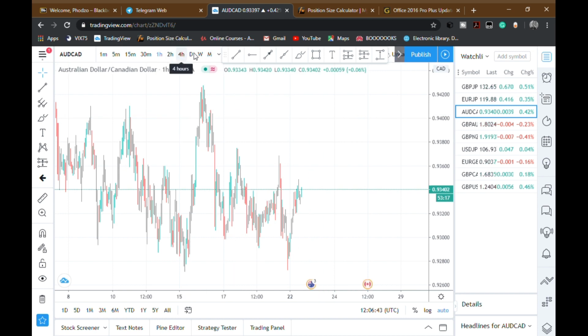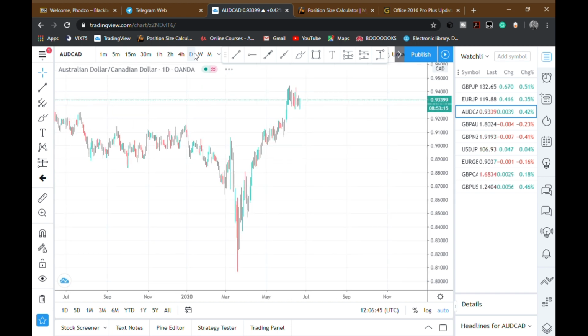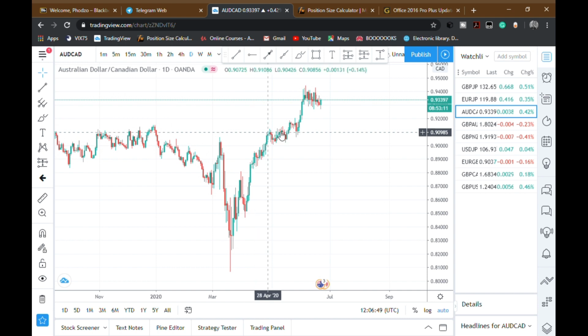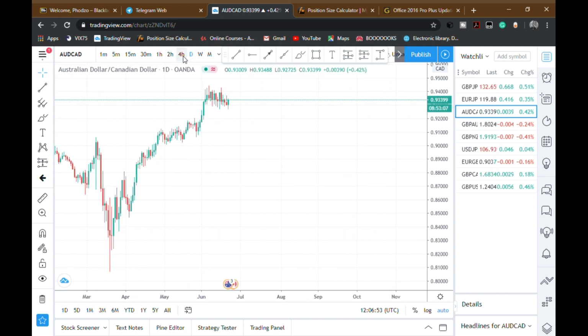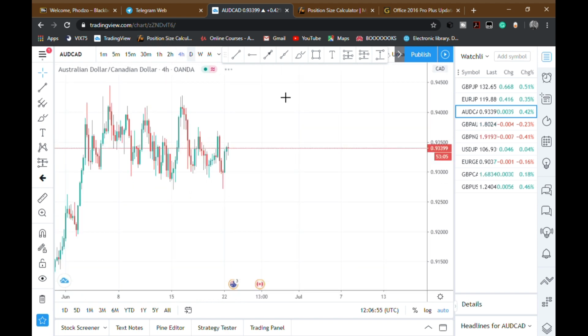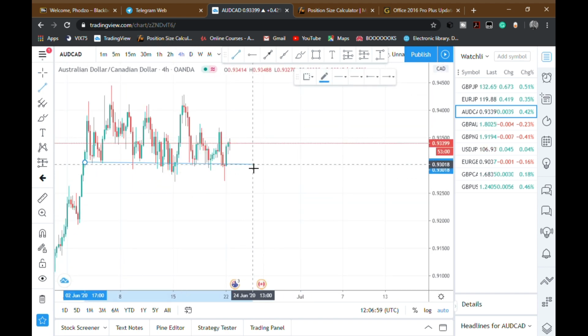Let's go to daily. On daily it's in this range right here. So I don't trade ranges.